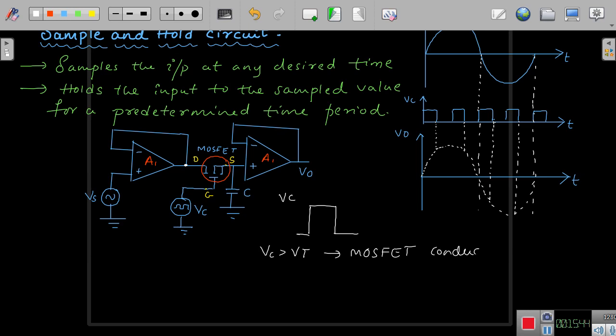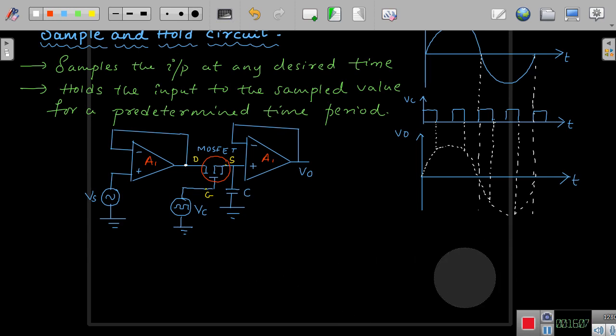This is known to you. Whenever you bring the VC below a certain value, the MOSFET stops conducting. So we can say when VC is greater than 0, the MOSFET conducts. When VC is equal to or less than 0, the MOSFET is turned off. This is the concept we have seen as far as the working of the MOSFET is concerned. Now the same concept is being used here also.